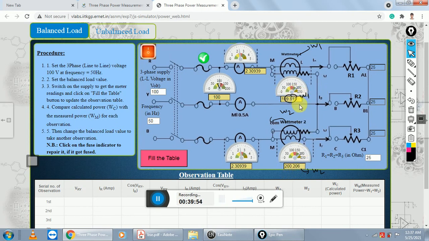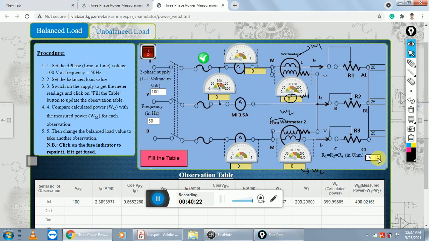Approximately both indicate 200 watt power. And this is your line voltage, and this is your line current. So in the balanced case you can directly calculate power from here also. Next step is fill data in table.